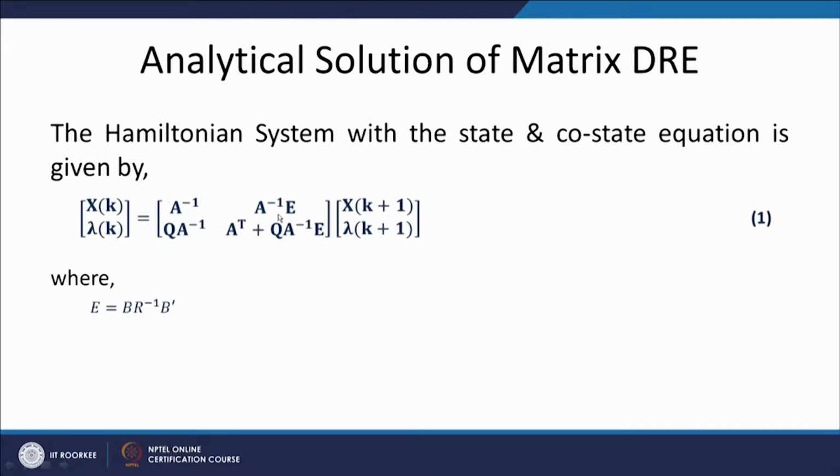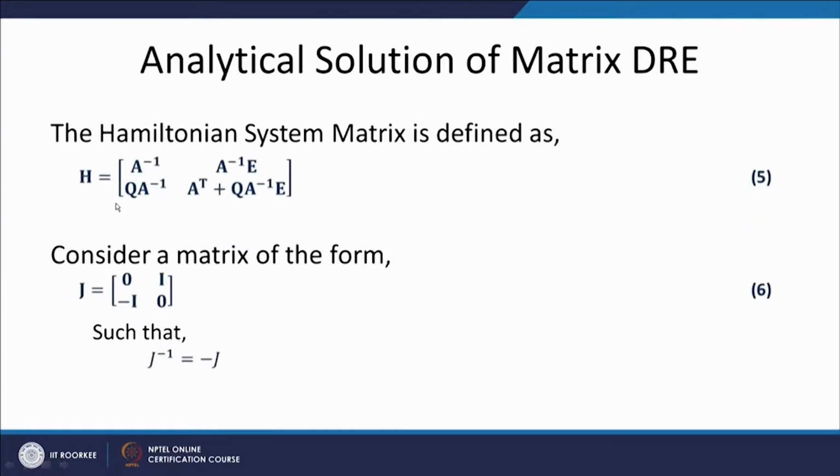So, this is A inverse E, Q, A inverse, A transpose, Q, A inverse E, which we are taking as my matrix H. Now, consider a transformation matrix which we are taking as J, where the diagonal elements are 0 and the off-diagonal elements are the unity matrix.